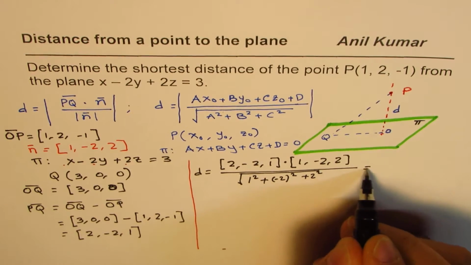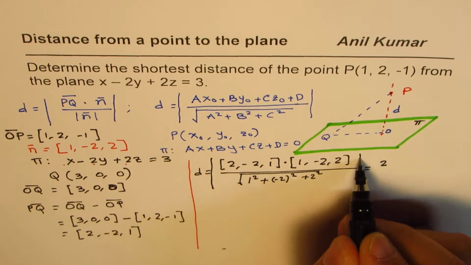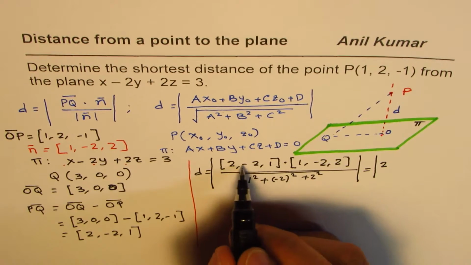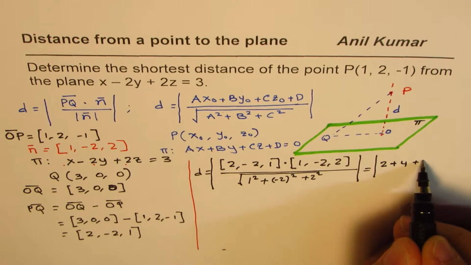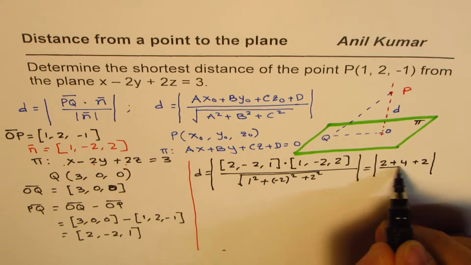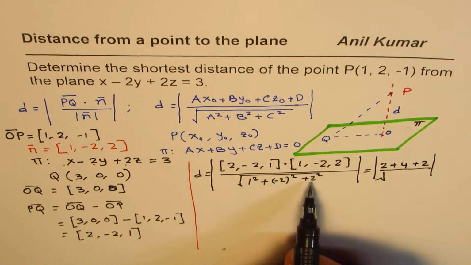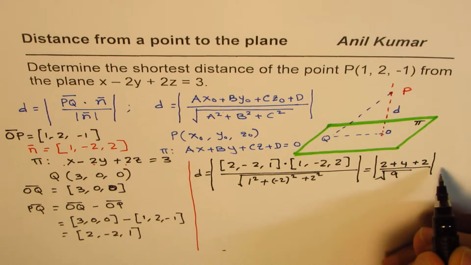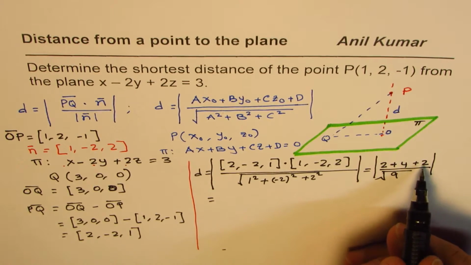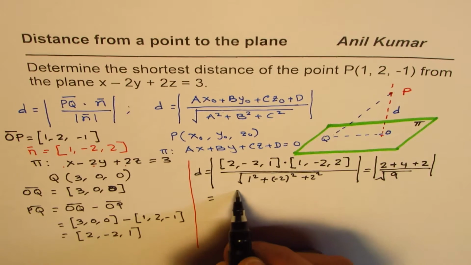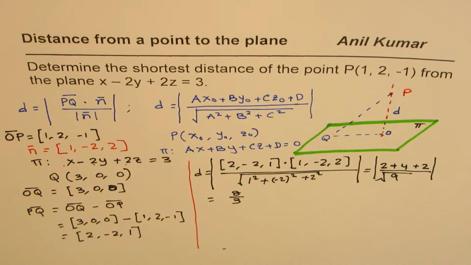Now that equals the absolute value of 2 times 1 is 2, minus 1 times minus 2 is plus 4, 1 times 2 is plus 2, divided by the square root of 1 plus 4 plus 4, that is the square root of 9. This gives you 2 plus 4, 6 plus 2, 8. The square root of 9 is 3. So you get 8 over 3 as the distance, correct? So that is how you can find the distance.